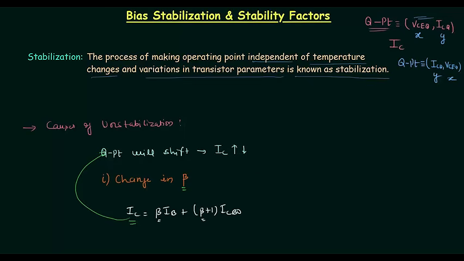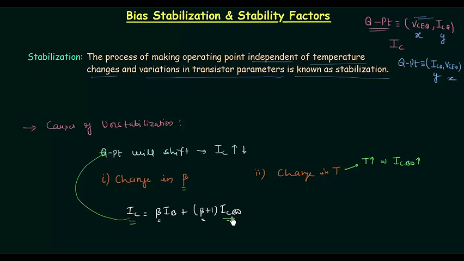The next reason for the change in collector current is change in temperature. When temperature increases, the reverse saturation current will also increase. ICBO will also increase, and you can see ICBO is there in the expression of collector current.